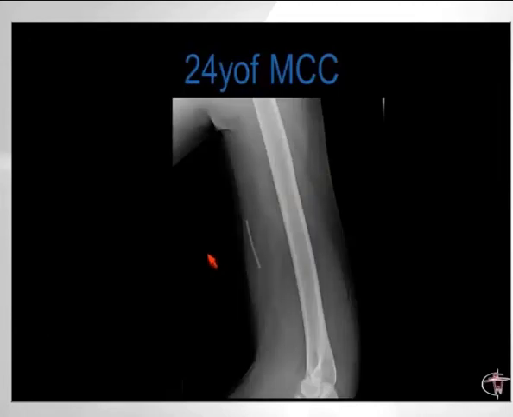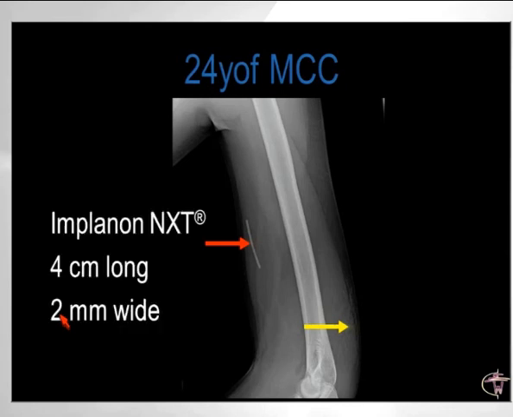And then when we consider this 24-year-old motorcyclist who hurt her elbow, we see that she has soft tissue swelling at the level of the elbow, no fracture. You do not want to mistake this tubular structure for a retained foreign body, because this is a foreign body, but it is there for a reason.